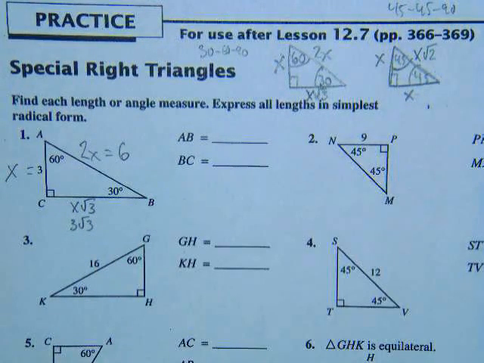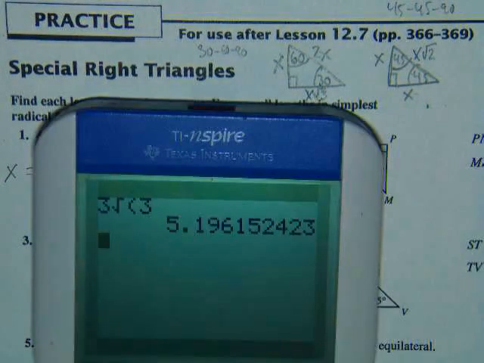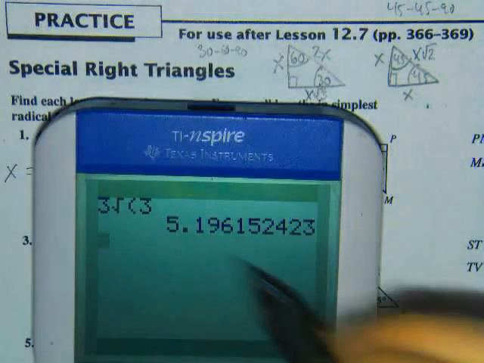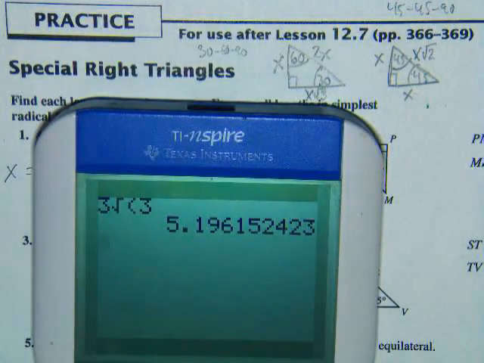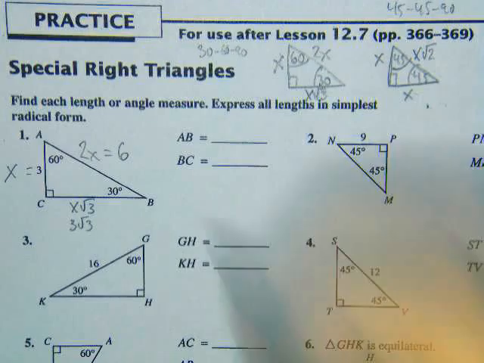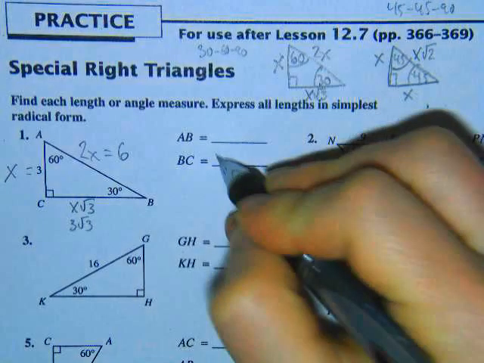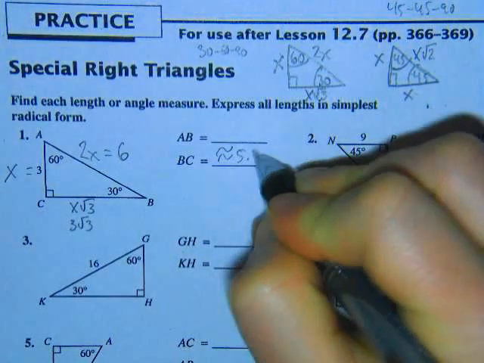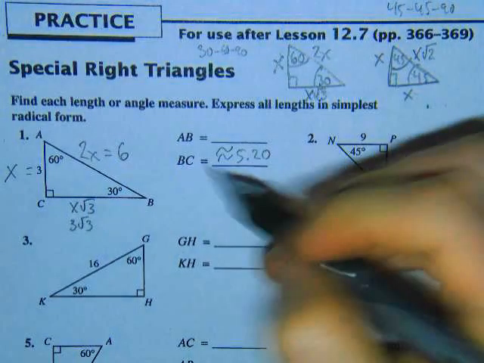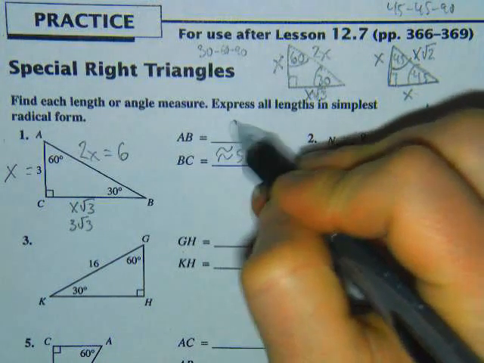That's just what we did last week, just calculate. 3 square root 3, and you get an approximation: 5.20, because the 6 would round the 9, that would round the 1 in that case. So BC is approximately 5.2, and AB is 6.